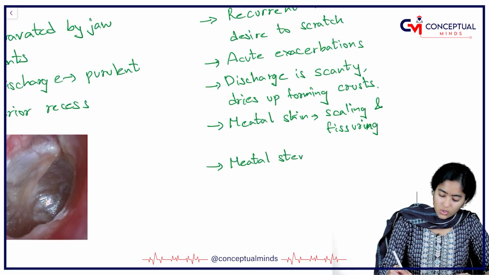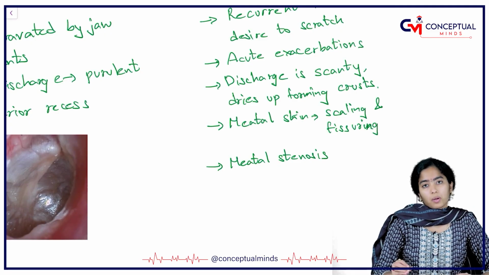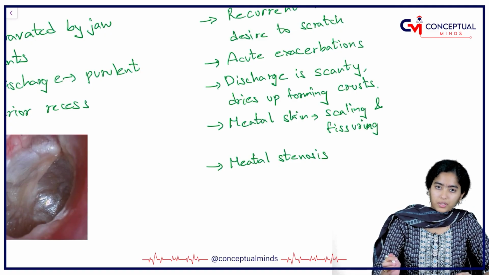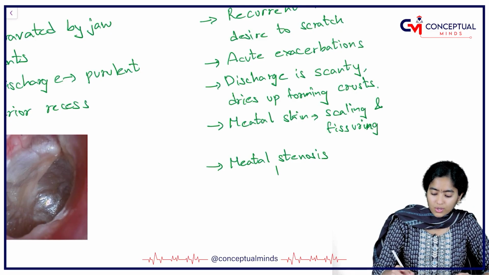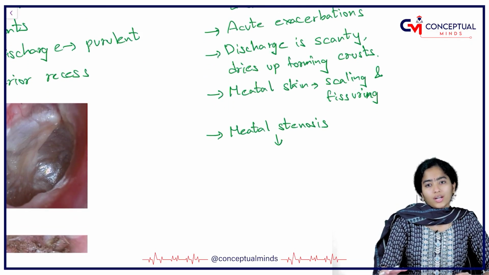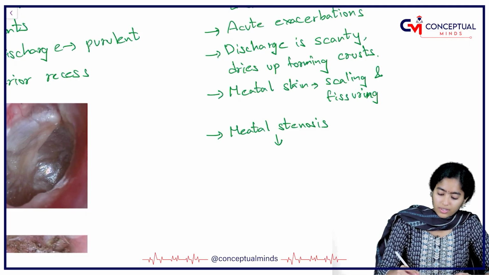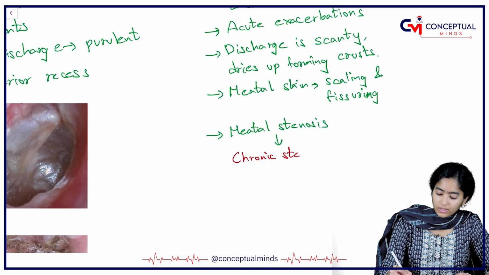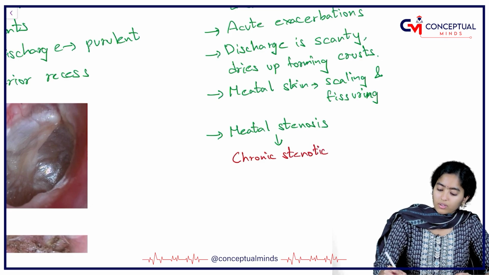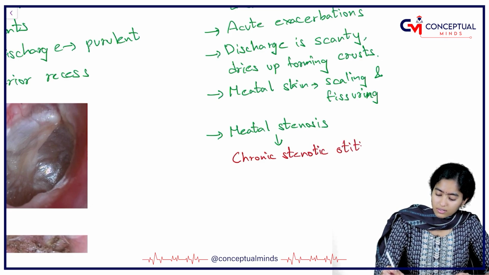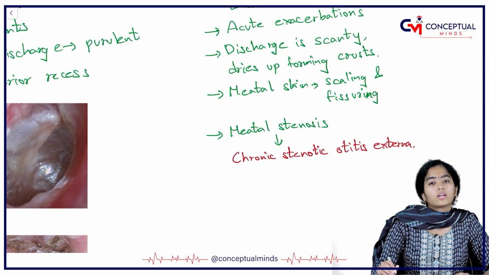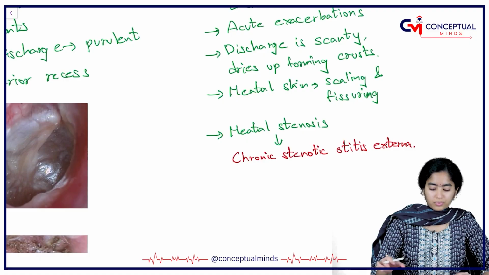Because of the constant swelling, the skin becomes permanently hypertrophied and leads to meatal stenosis. We call it chronic stenotic otitis externa. It has a special name, chronic stenotic otitis externa. That is the final condition.